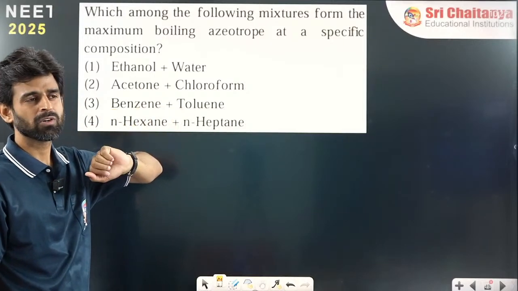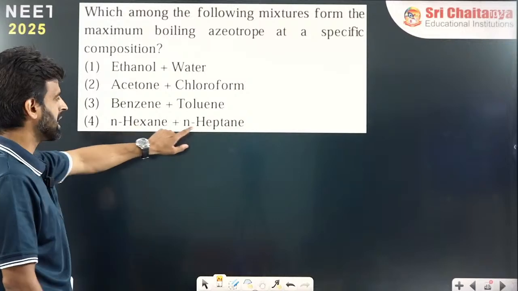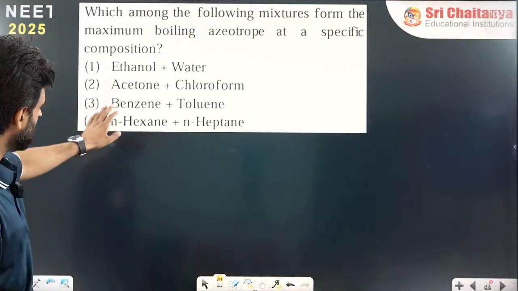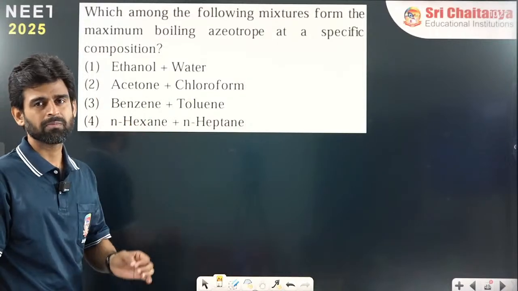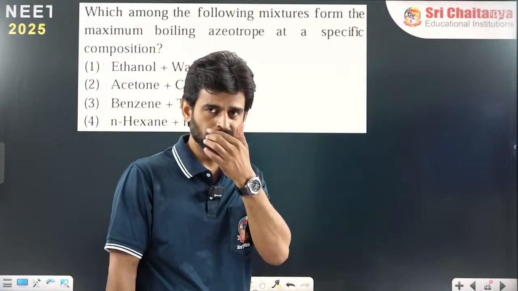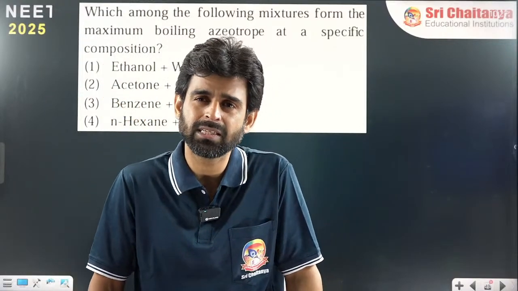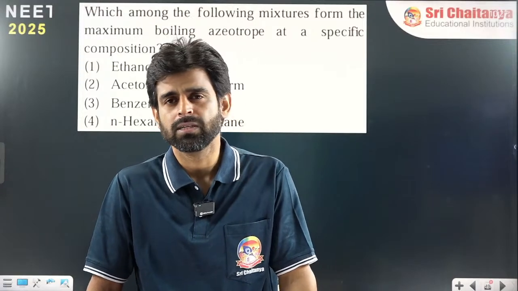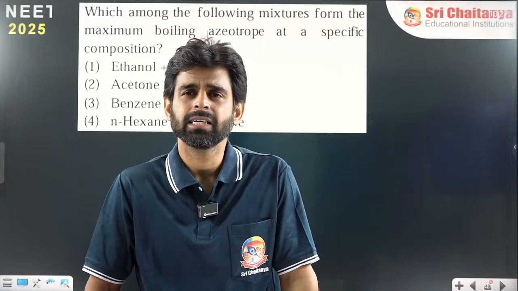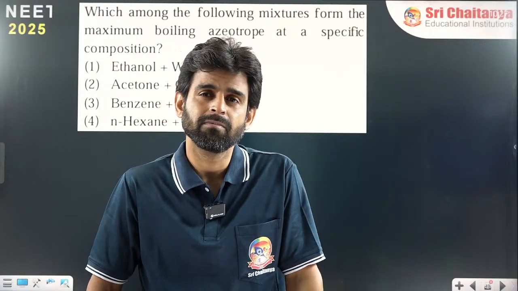An ideal solution, which will not make an azeotrope. Hexane plus heptane makes an ideal solution, will not make an azeotrope, right? What is left here? Acetone plus chloroform. It makes a solution with negative deviation, a solution in which solute and solvent have stronger attractions than the solute or solvent alone will have negative deviation, and will make which one?